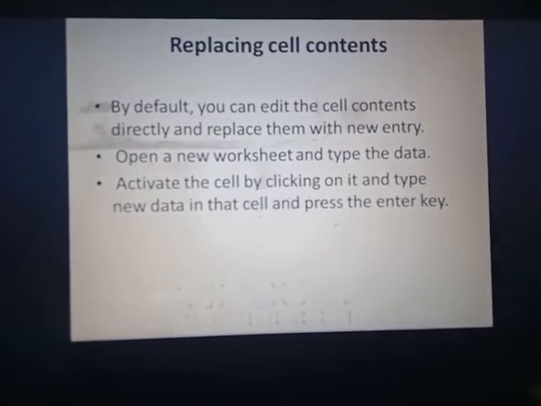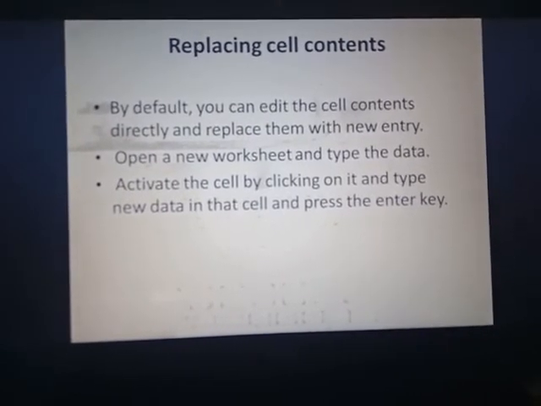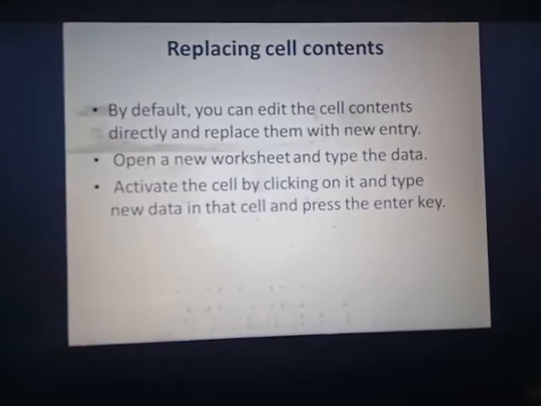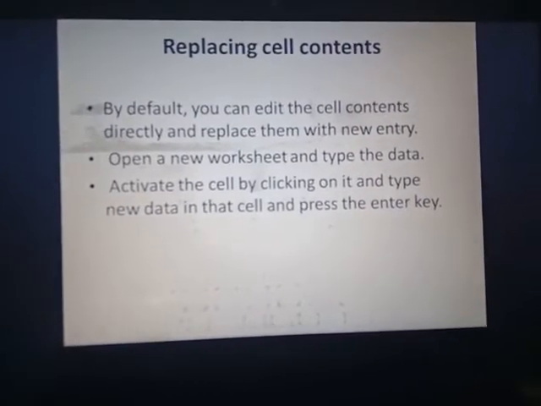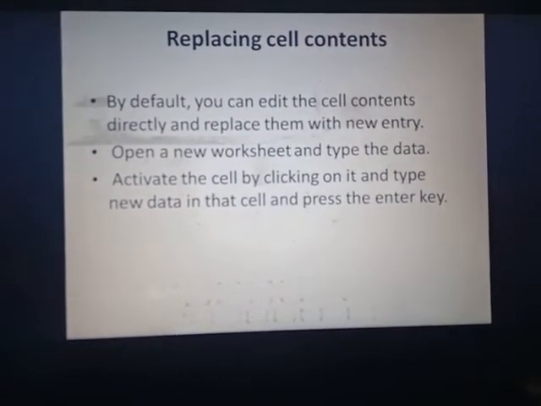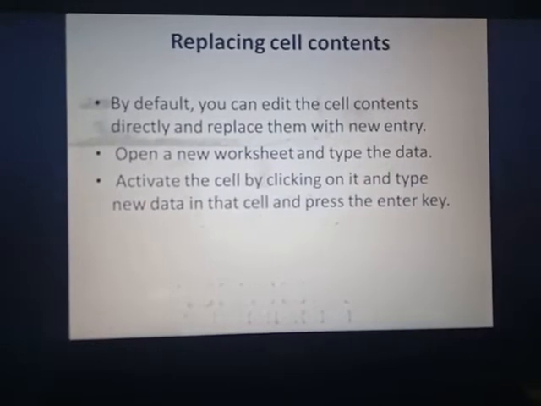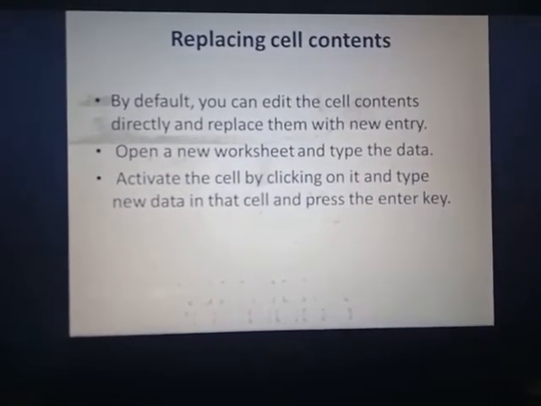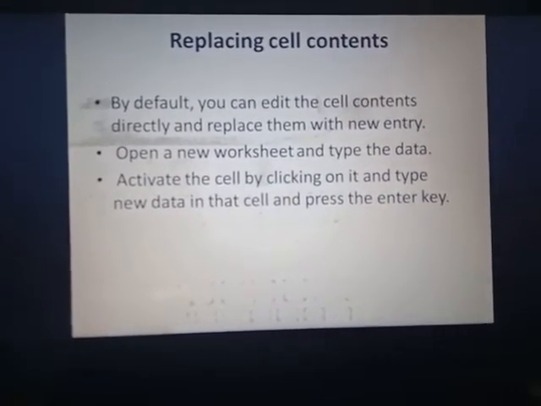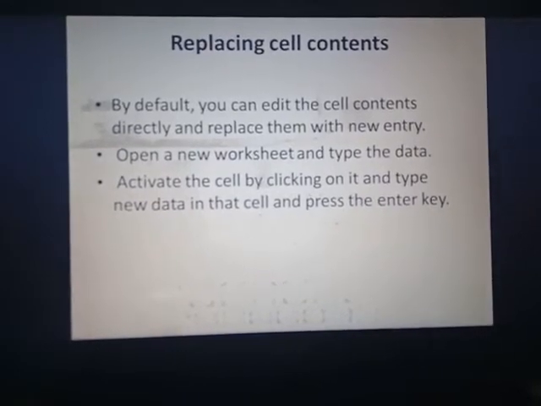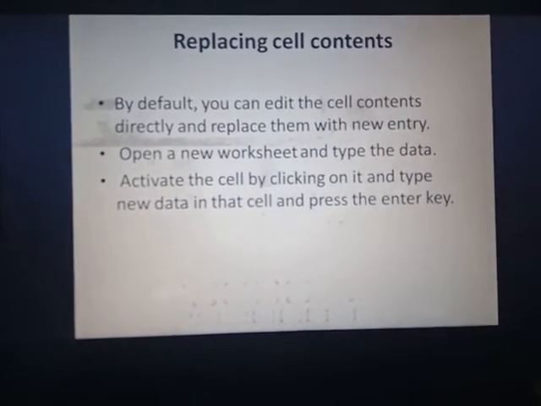When we enter data in a particular cell, it is entered after pressing the enter key. Similarly, if we have to replace the cell content, we can just go to that particular cell and start writing, and the previous data will automatically be removed.